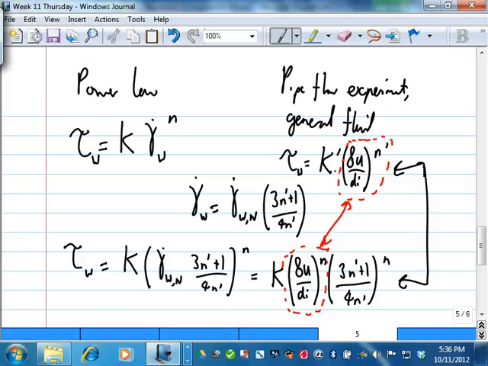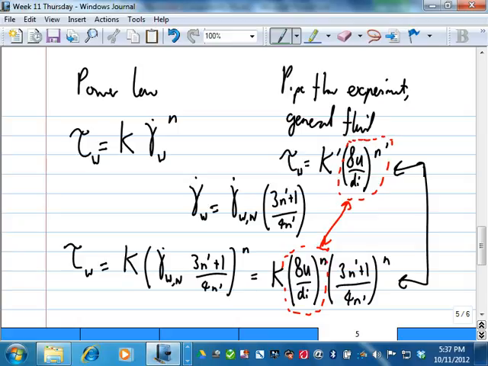This one is from here. This is the shear stress on the wall for Newtonian fluids, du over dr. Is this from here to here? This one is basically the flow characteristics. We talked on Thursday or Tuesday that for Newtonian flow in a pipe, the velocity gradient at the wall is this one.